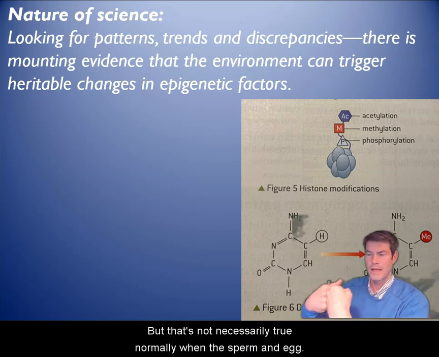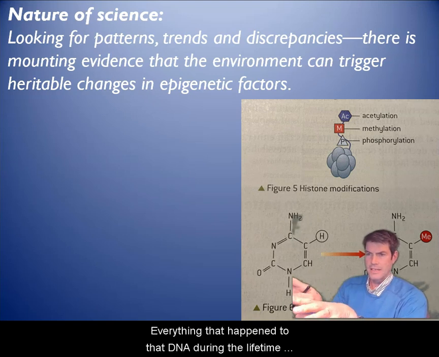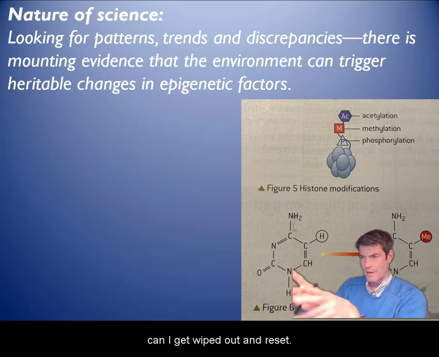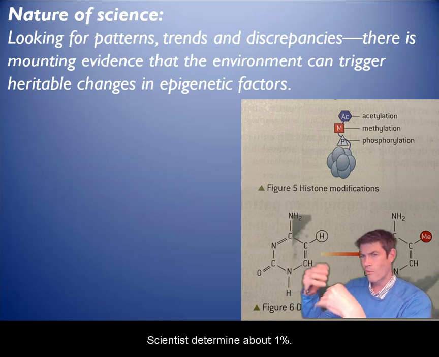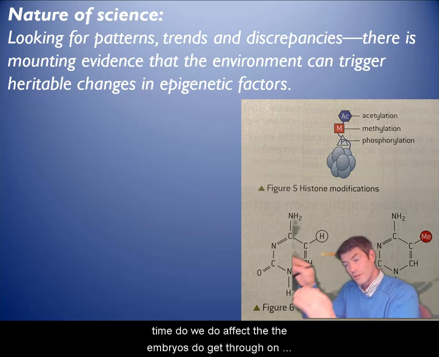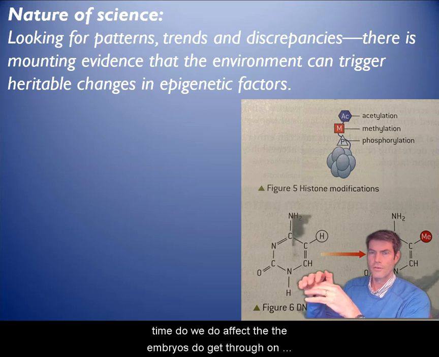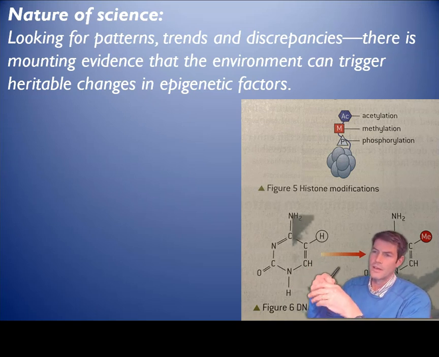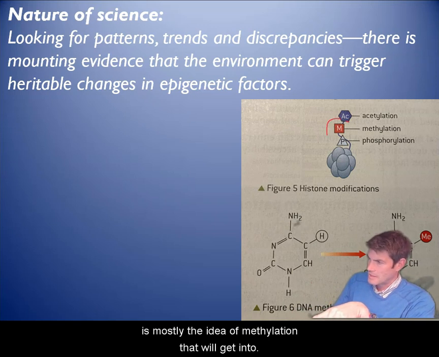Normally, when the sperm and egg fertilize, everything that happened to that DNA during the lifetime gets wiped out and reset. But scientists have determined that about 1% of the impacts that have happened on that DNA over time do get through to the embryo, through patterns of changes that occur. And what I'm talking about there is mostly this idea of methylation that we'll get into.